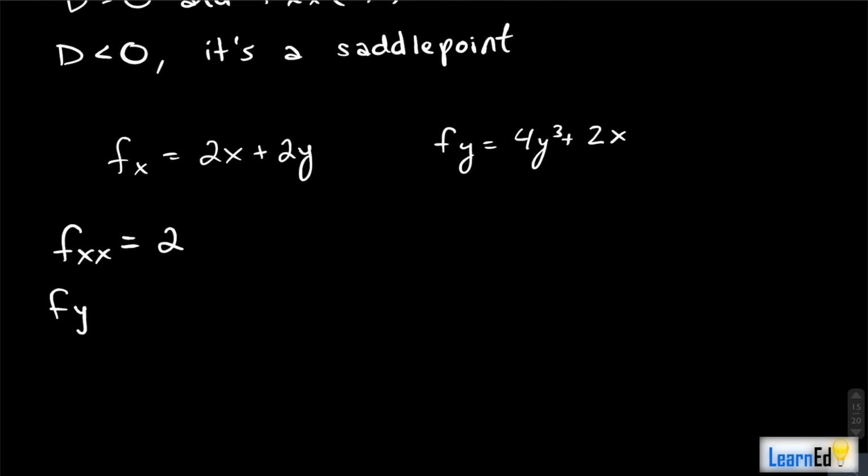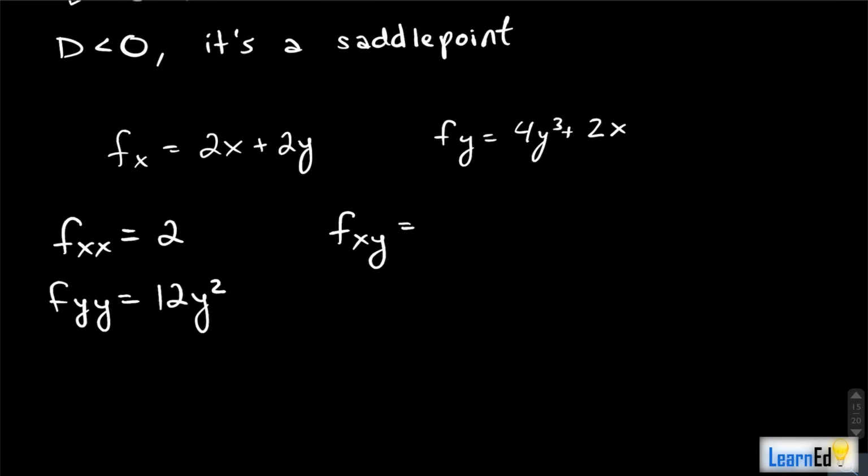Our second partial derivative with respect to y is going to be 12y squared. And our partial with respect to x and y is just going to be 2 again. So that means that that's also going to be f of yx.